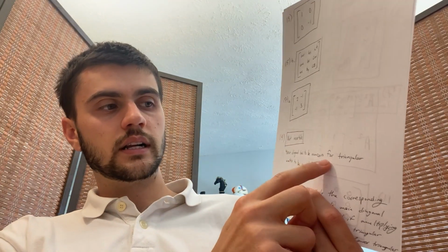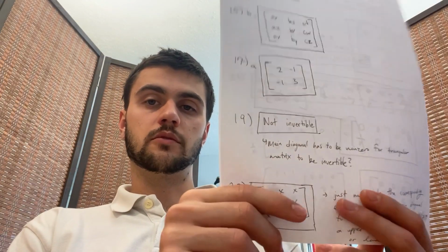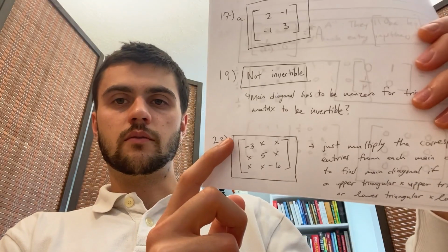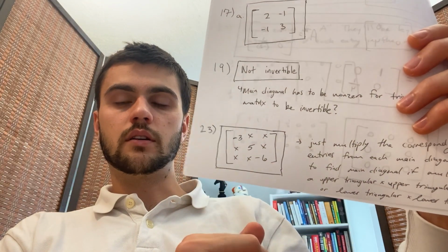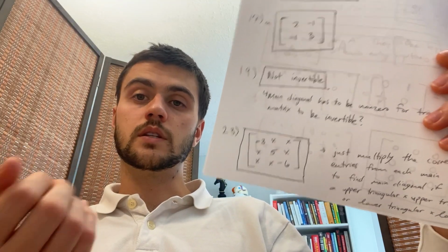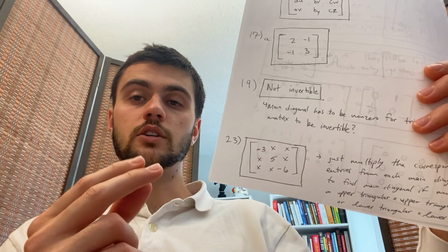The main diagonal has to be non-zero for a triangular matrix to be invertible, I'm pretty sure, but we'll check on that. Here is find the resulting entries of the main diagonal of the multiplication of either two upper triangular matrices or two lower triangular matrices. I believe you just multiply the corresponding entries of the main diagonal together.